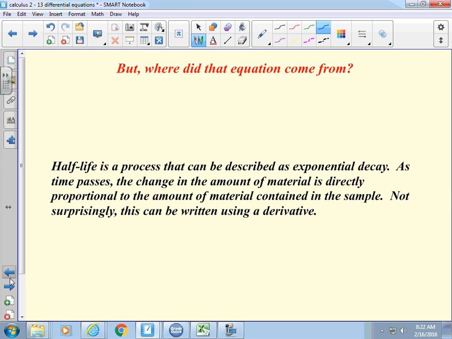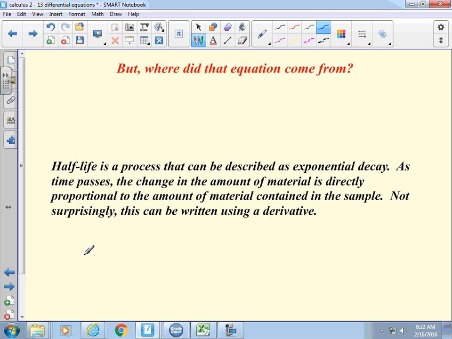Okay. So, a half-life is a process that can be described as exponential decay. As time passes, the change in the amount of material is directly proportional to the amount of material contained in the sample. So not surprisingly, that can be written as a derivative.